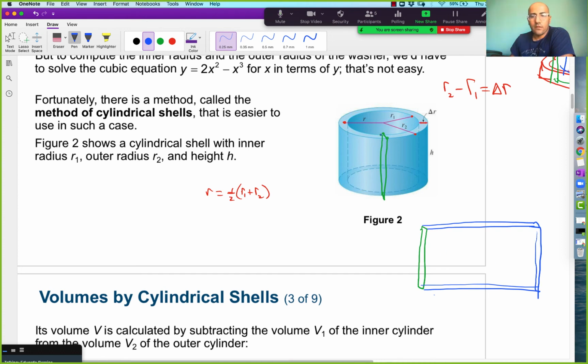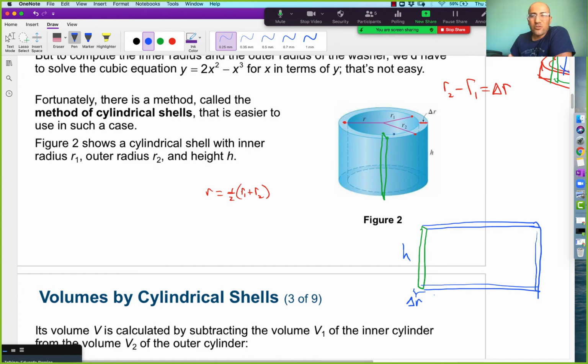Is that okay? If I slice it right there and roll it out, it would be like a big rectangle. The thickness of it would still be delta R. And the height of it would stay the same. That would be h.